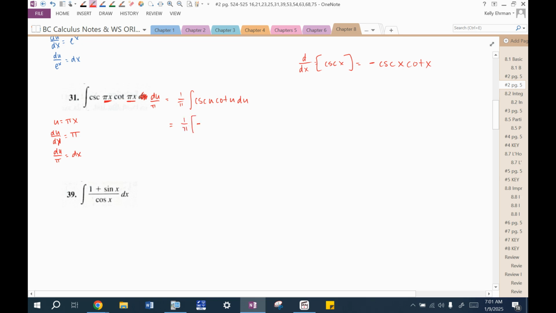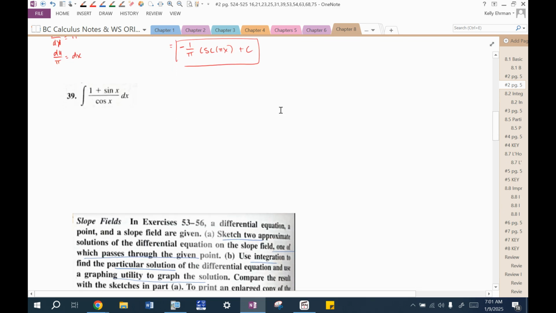This is equal to negative cosecant, not x though, u, plus c. And then I'm just going to clean this up. So negative 1 over pi cosecant of pi x plus c. So remember, when we have the integral of sine, that's actually equal to negative cosine, not just cosine. So sorry about that.